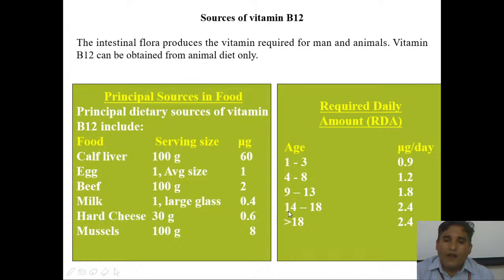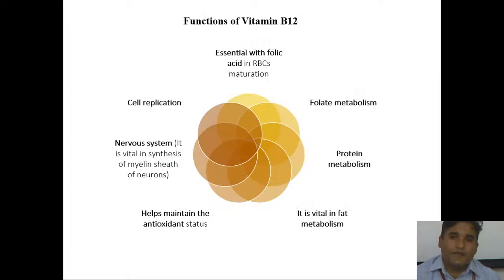And at the age of 14 to 18, it is equal to the normal human, that is 2.4 micrograms per day. And this vitamin B12 must be present in the diet. However, it is synthesized by the GIT microbial flora, but is not available for human beings.